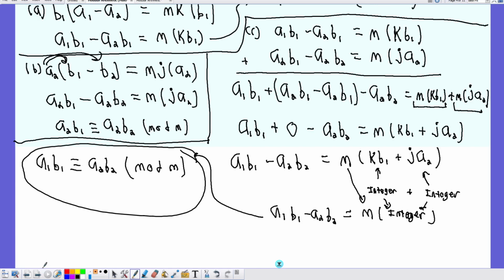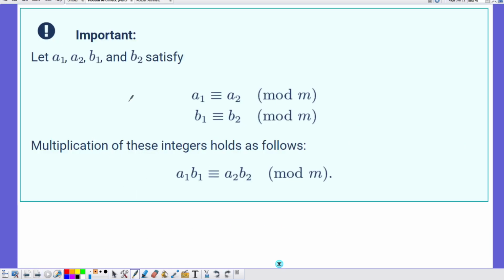So this has established that if we have four integers, A1, A2, B1, B2, and if A1 is congruent to A2 mod M, and if B1 is congruent to B2 mod M, then the multiplication of those integers, the product, is also congruent mod M. No matter what those values are, as long as we have these previous two congruences, we will always get a third congruence with their products.